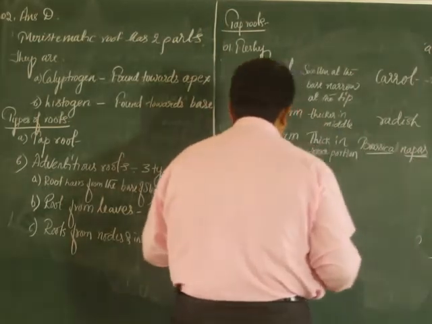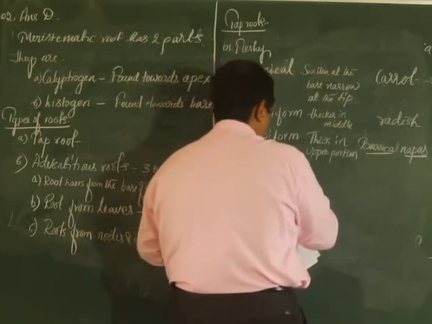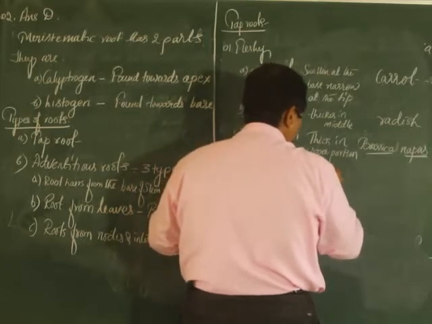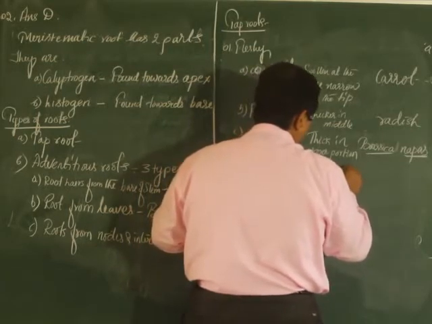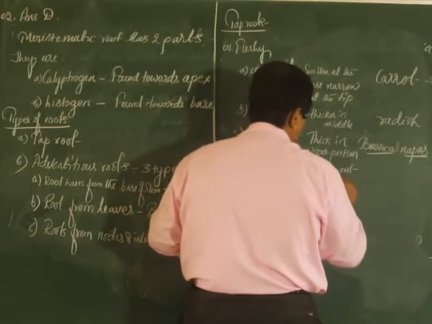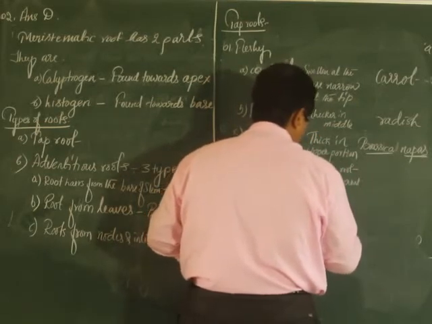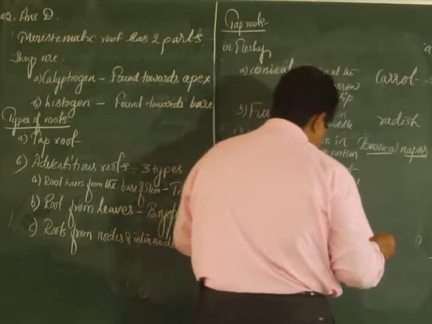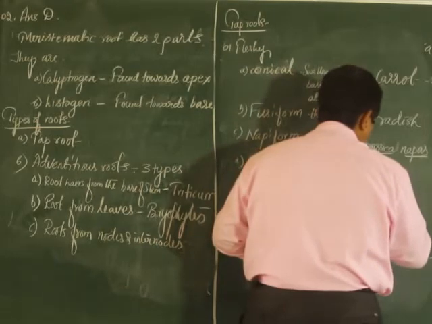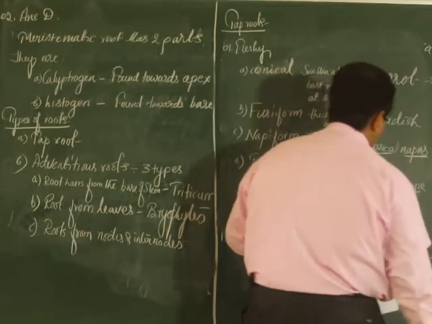And tuberous root. Swollen root part in different position. Example is Mirabilis jalapa.